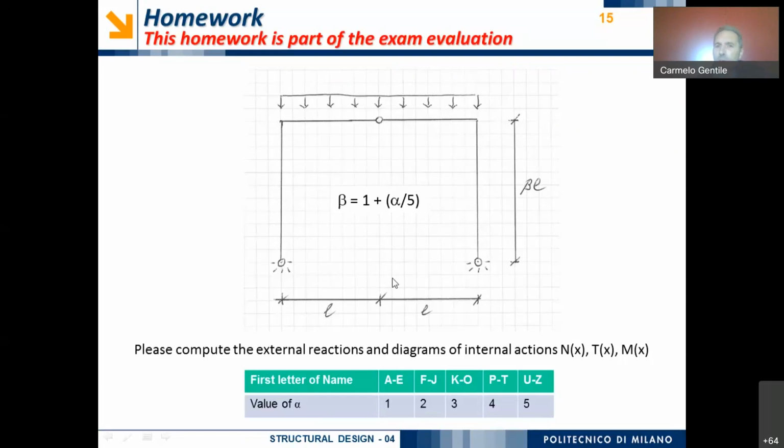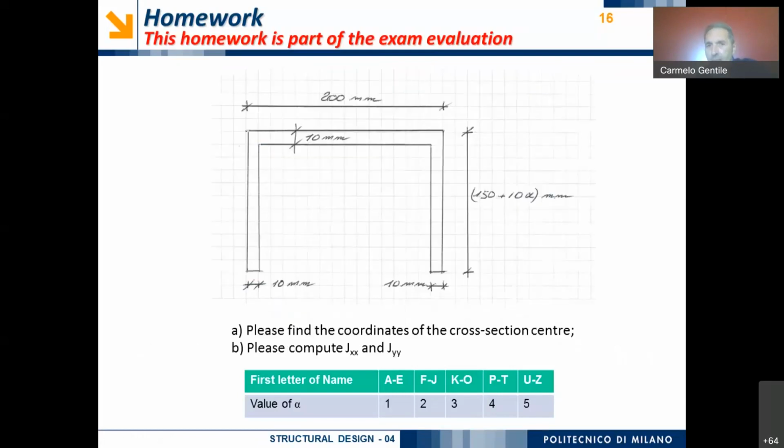So if your name is Anna, for example, the first letter gives 1, and so you have 1.2 L. If your first name begins with U, then alpha is equal to 5, and then beta is equal to 2, so we have 2 times L. Of course, you have to compute the external reactions, the diagrams of intensity, and the diagrams of internal actions, N, T, and M.